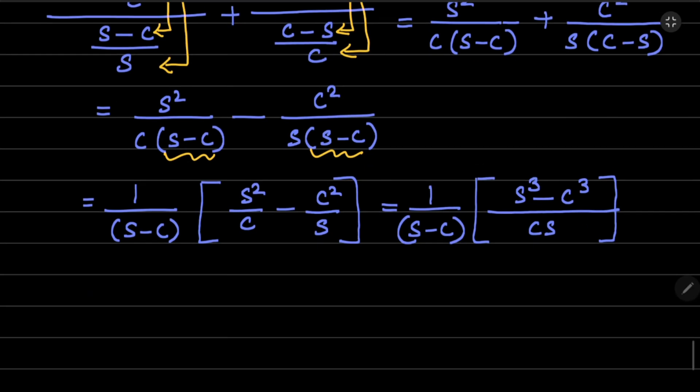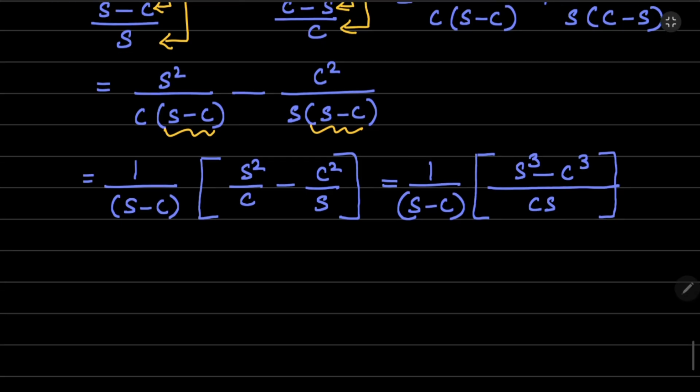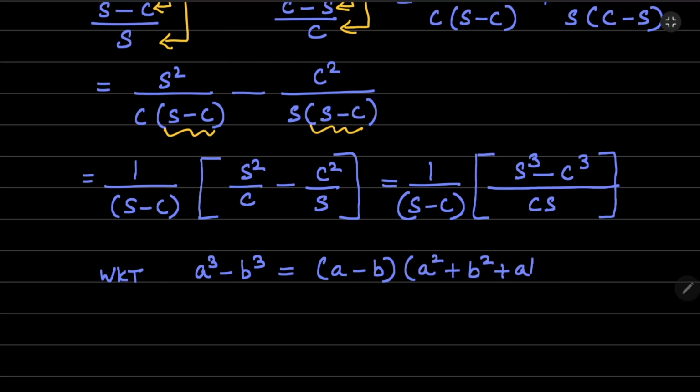Now you have to use the formula a cube minus b cube. You should know that a cube minus b cube is equal to a minus b multiplied by a square plus b square plus ab. Okay, so you will apply it there.